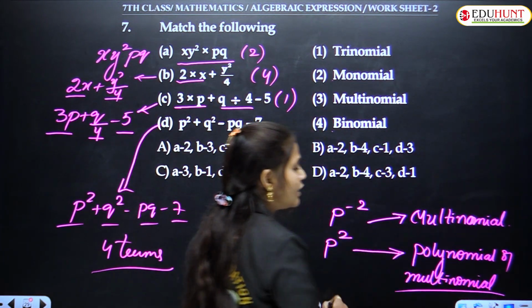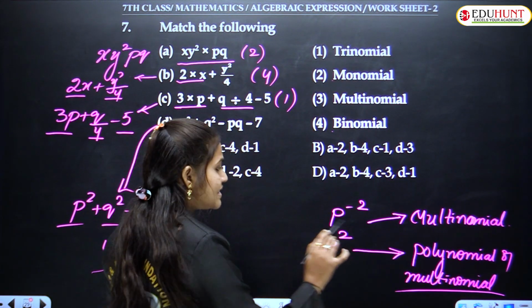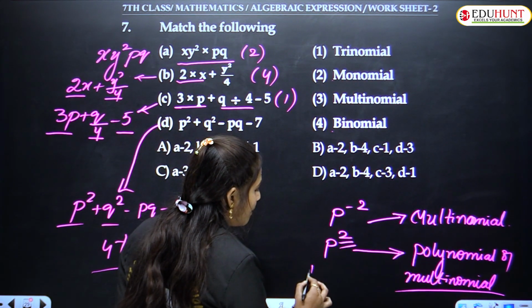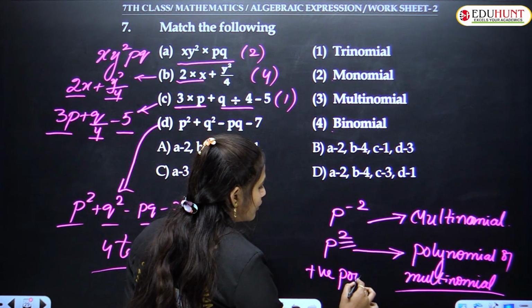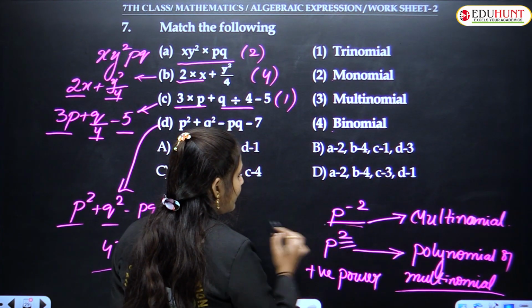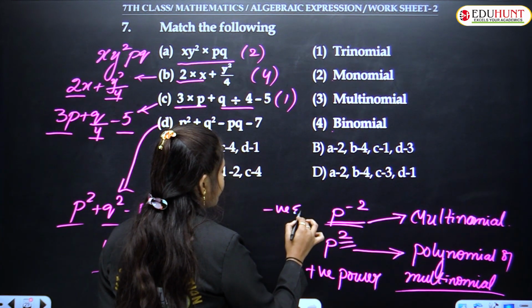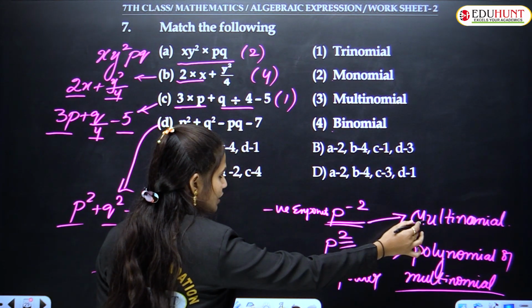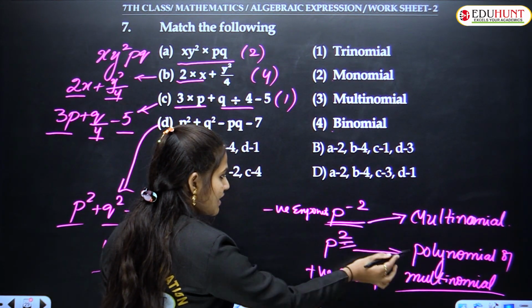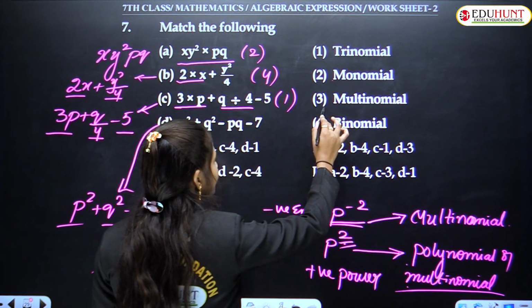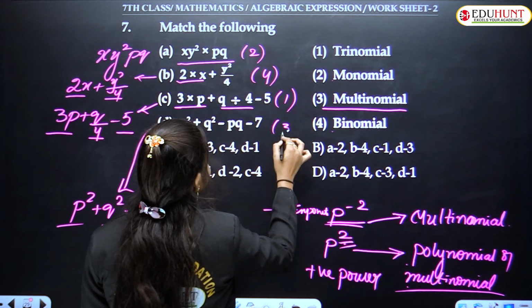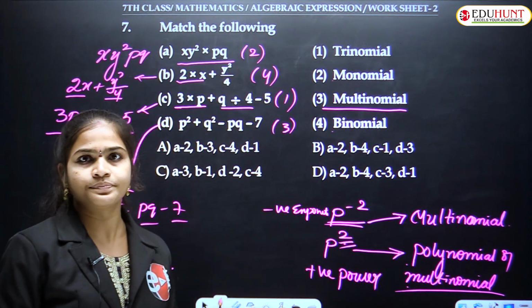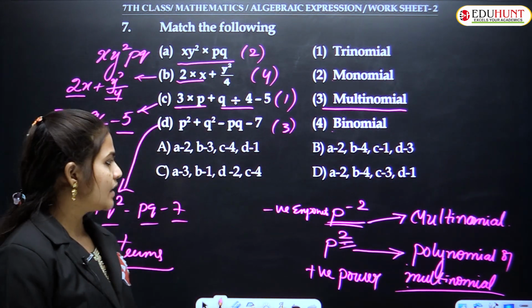Polynomial or multinomial we can say that. Why? Because here I am just talking about the powers, positive power or positive exponent. Here negative exponent. Negative exponent there means we will call that one as only multinomial. Positive power is there means either that is a polynomial or multinomial. Here multinomial they given, that's why take this one as multinomial. Understand the difference, ma? Yes.